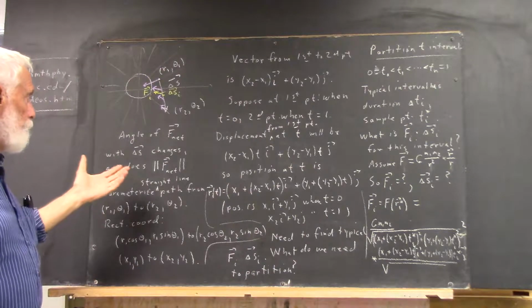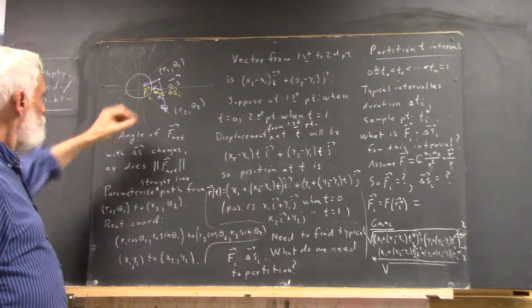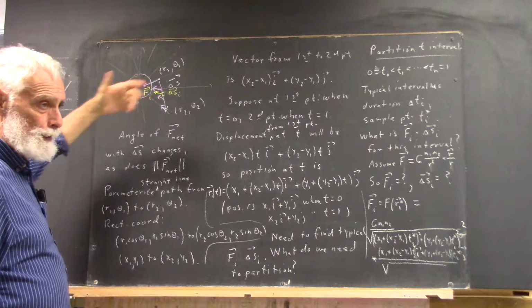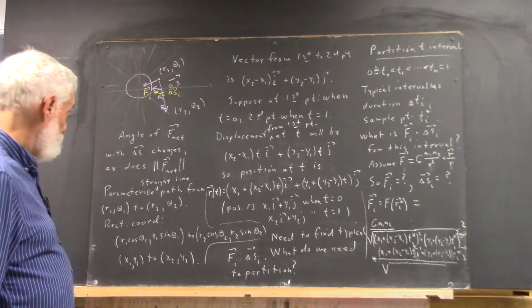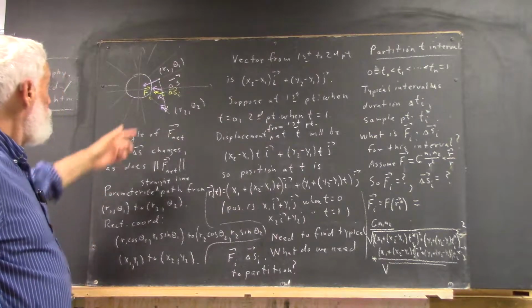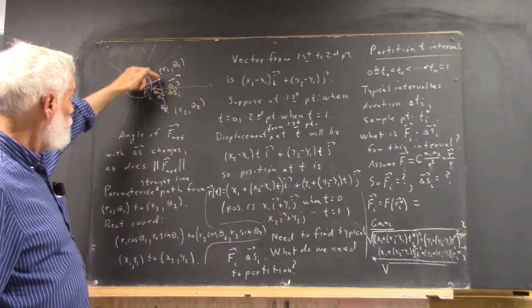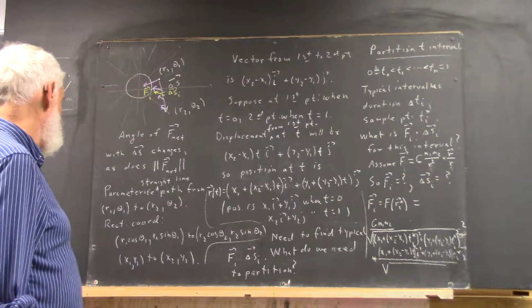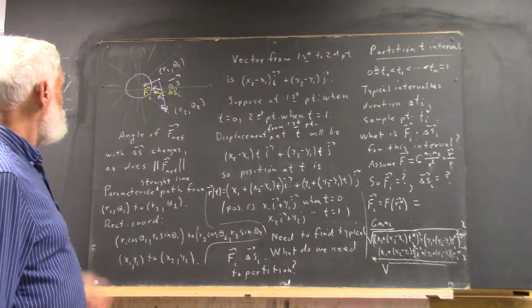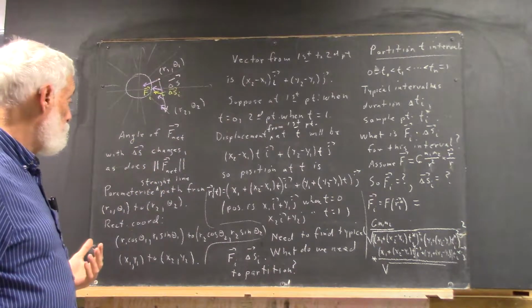The point of this is that the amount of work you're doing per unit of distance is by no means constant here. So we need to parameterize our path. Parameterizing a straight line from here to here, we want to convert over into rectangular coordinates.